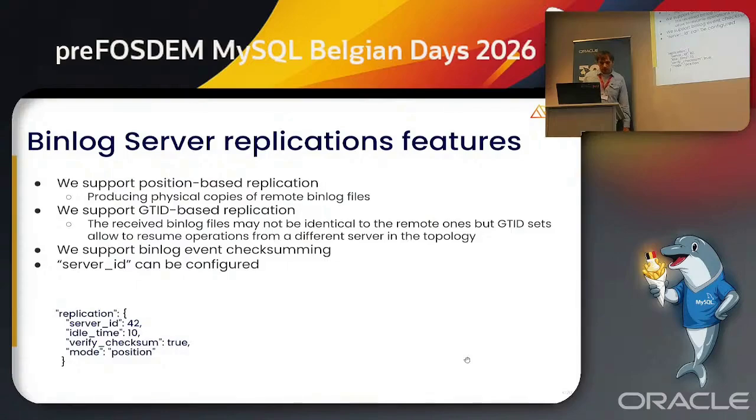But after that we had a few talks with Jean-François, and he convinced us that even in the modern world, where everything is GTID, having position-based replication and producing physically identical copies of binary log files from a server can also be a pretty useful instrument.